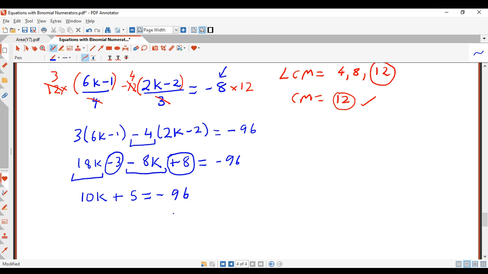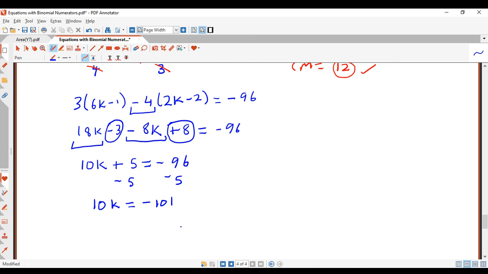Okay, last of all, we are going to have a subtraction of 5 from both sides. So it's going to give you 10k is equal to minus 101. And last of all, we're going to divide by 10. So divide by 10.